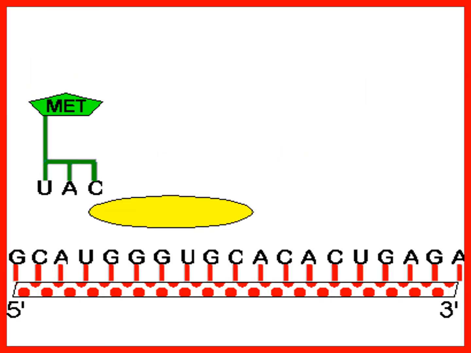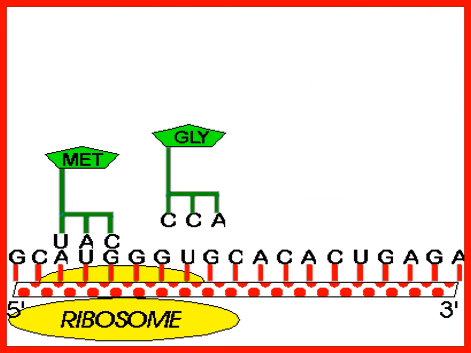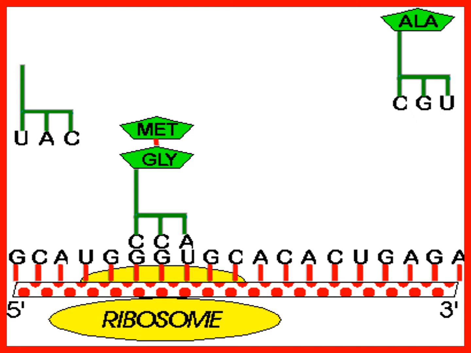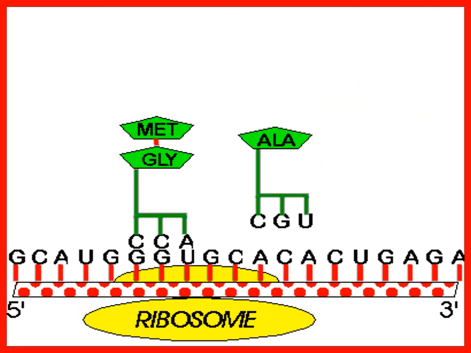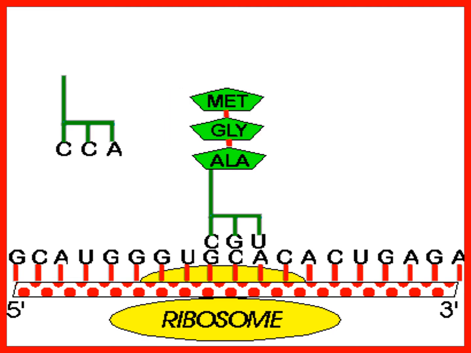So here you can see the example. We've got our mRNA containing codons, and the ribosome first attaches to the mRNA, and it will attach and start on AUG, which is the start codon.